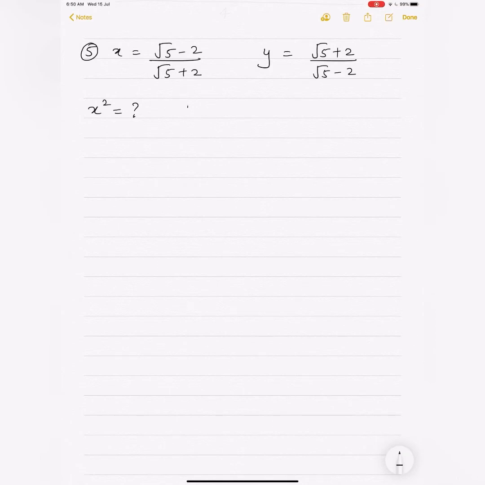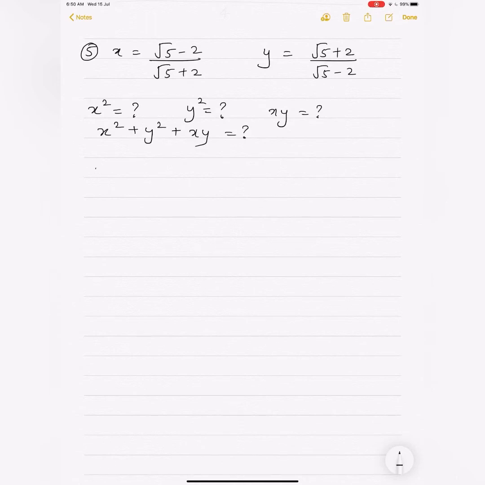Then they are also asking us to find out y squared is how much. Then they are asking us to find out xy is how much. And after you find all this, they are asking us the sum of all of them. So the last part, the fourth part, is very easy, because you just need to add up all the 3 parts. Now first let's start with x squared.